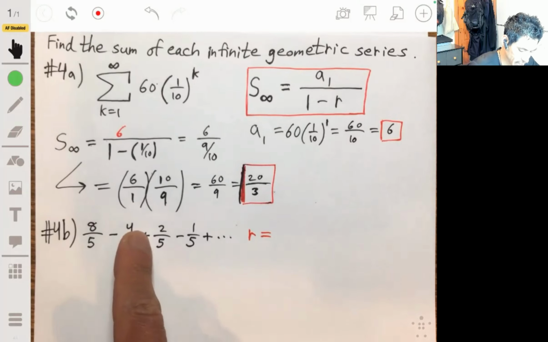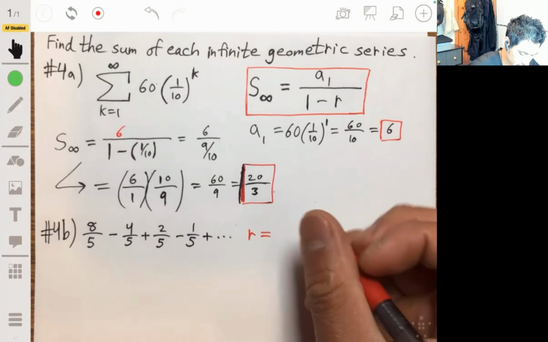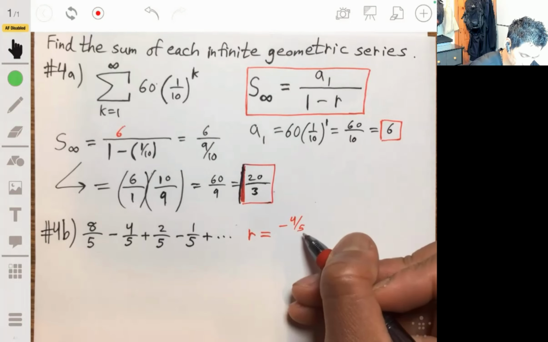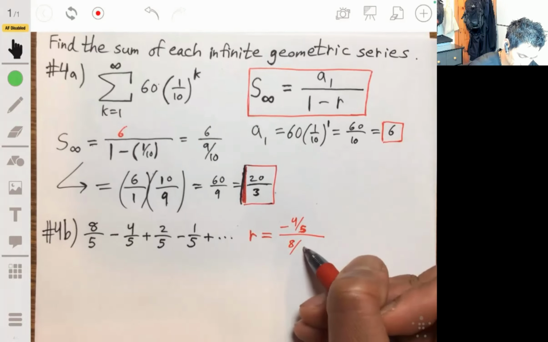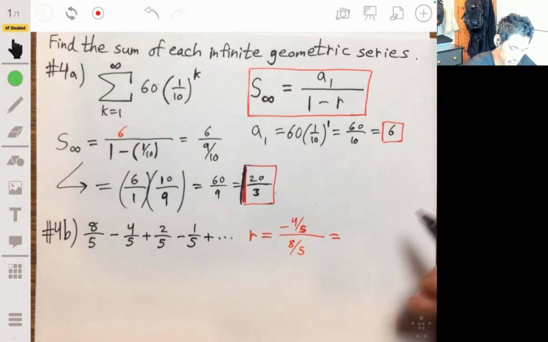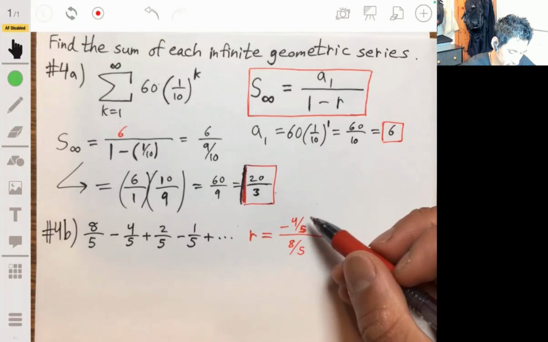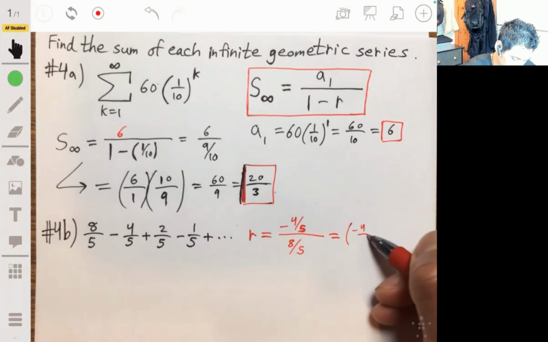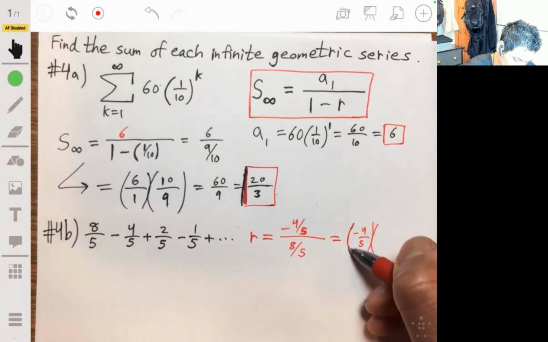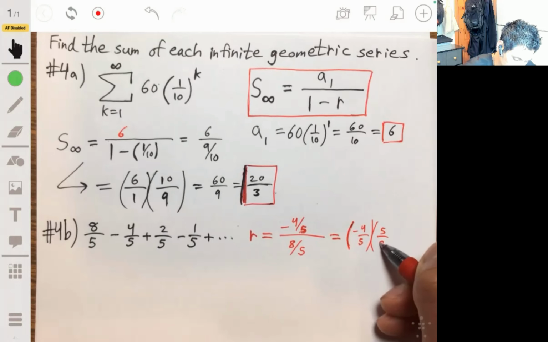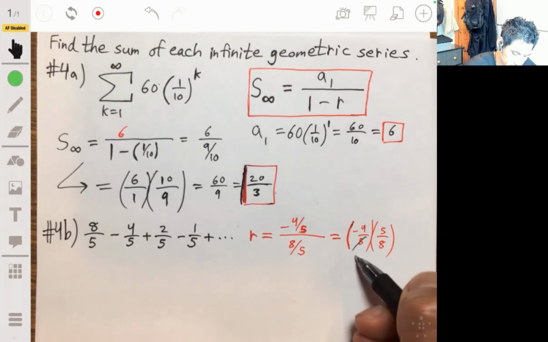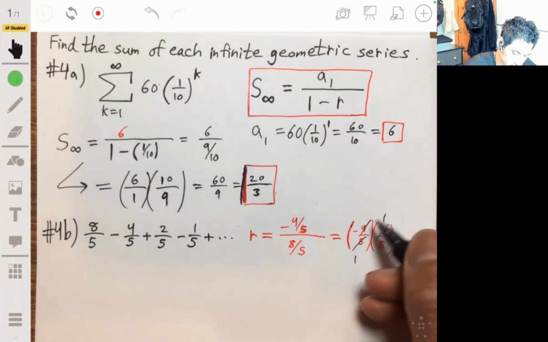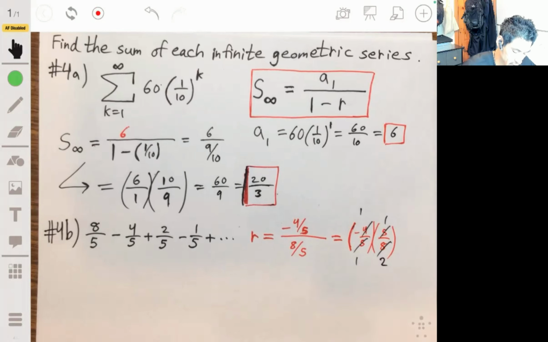We can do that by dividing any term, let's take negative 4/5, by the previous term, which is 8/5. And this will be negative 4/5 multiplied by the reciprocal of 8/5, which is 5/8. The 5's cancel. 4 is reduced. We'll get negative 1/2.